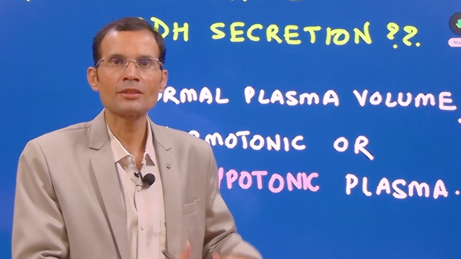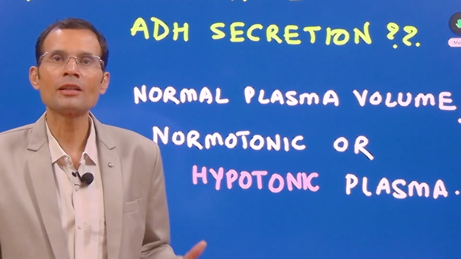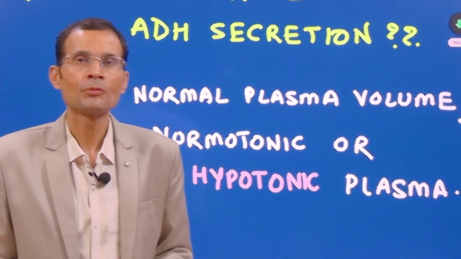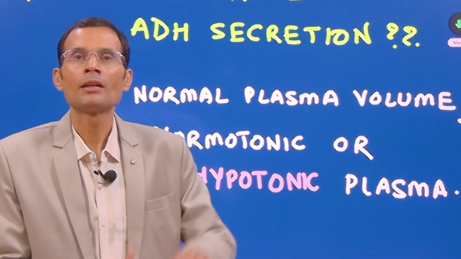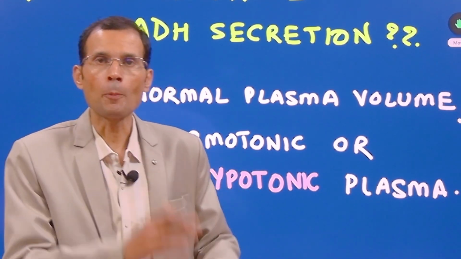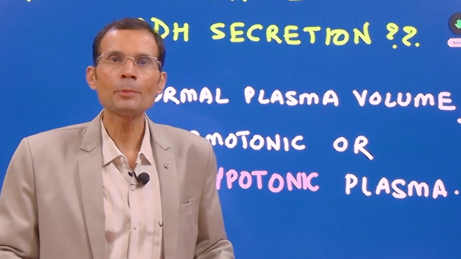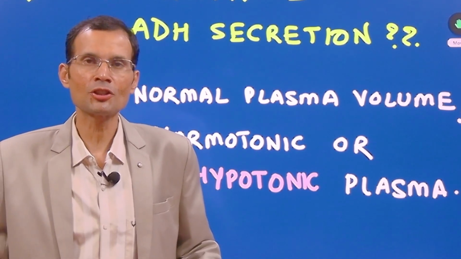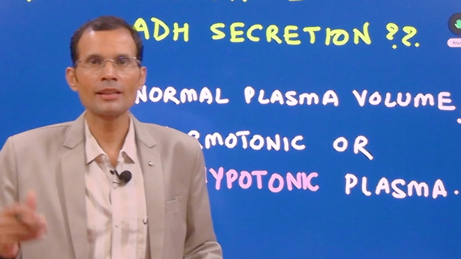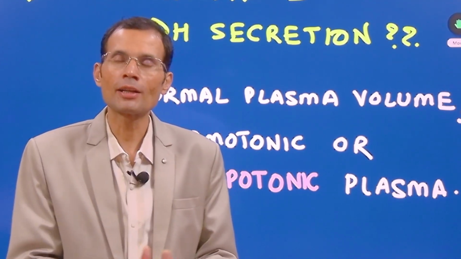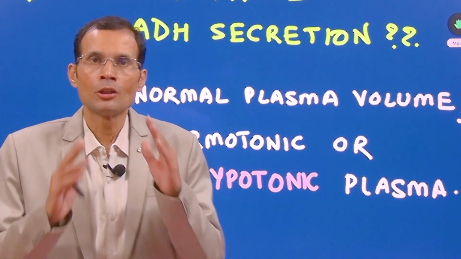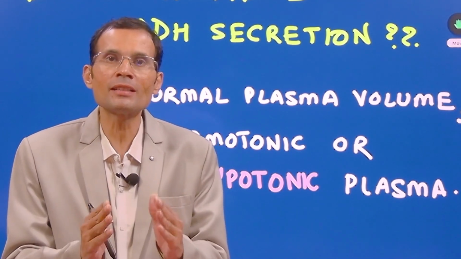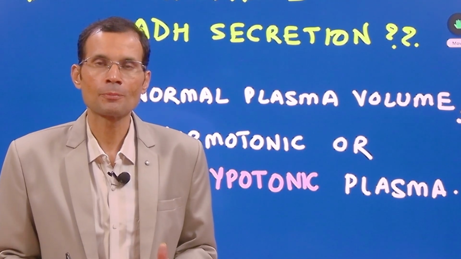There will be excessive urine output and excessive diuresis. So that is hyposecretion of ADH, diabetes insipidus. Now the opposite of that will be, of course, hypersecretion of ADH, resulting in the condition called SIADH, syndrome of inappropriate ADH secretion. So it is going to be a hypersecretion of ADH.